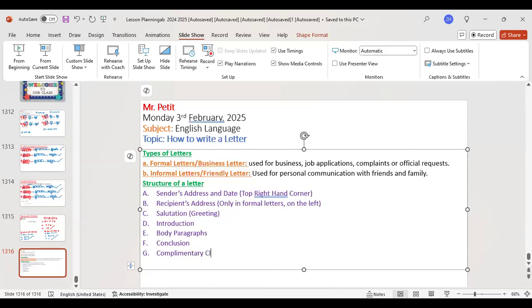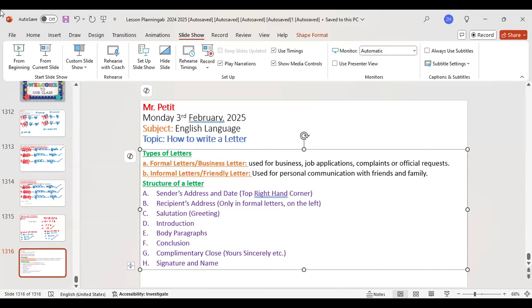You're going to close them, so a complimentary close. That's like yours truly or yours sincerely, warm regards. Next, and finally, you're going to have a signature and name.